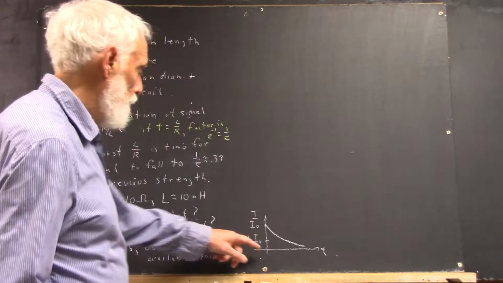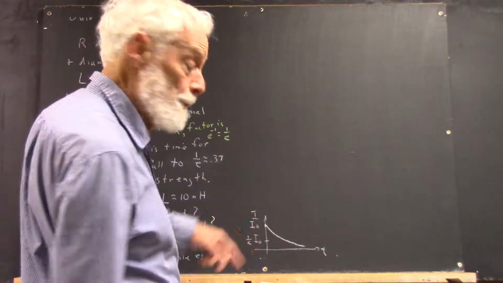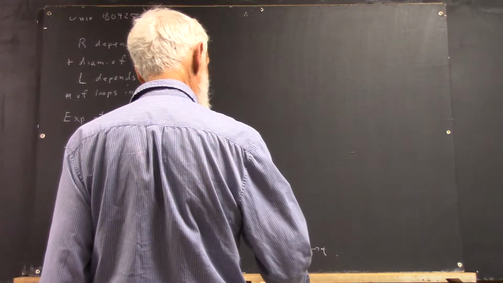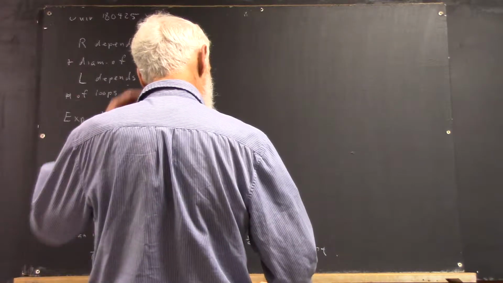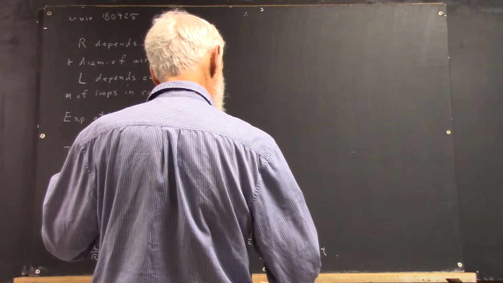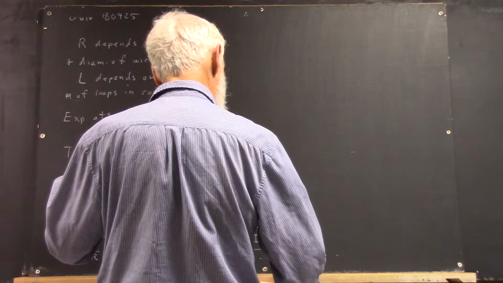I naught would be about here. That's about 0.37 of that, meaning that this is your L over R.